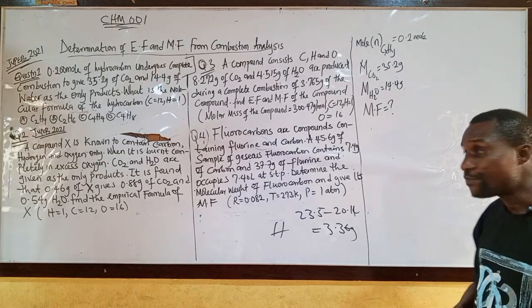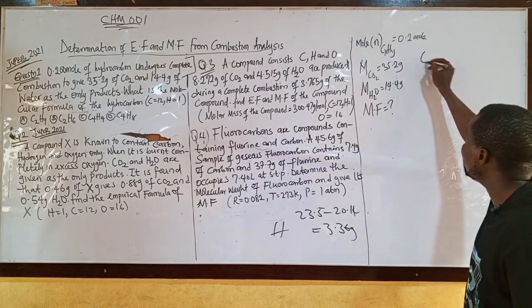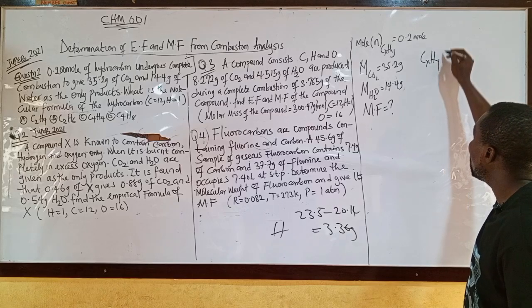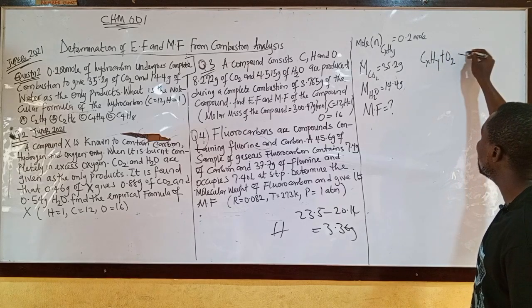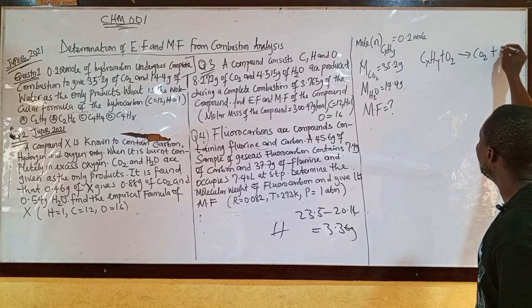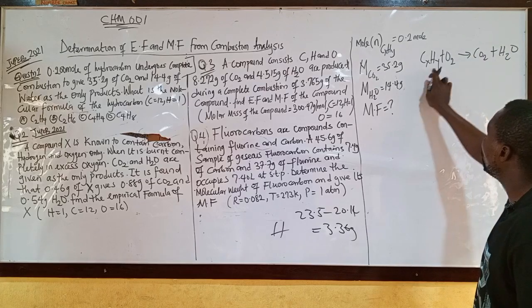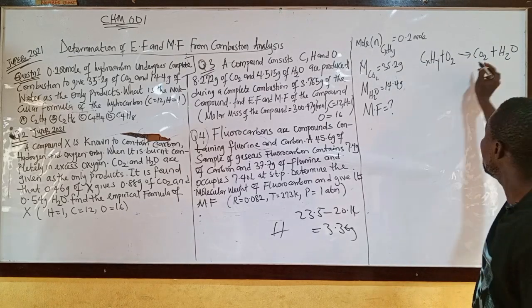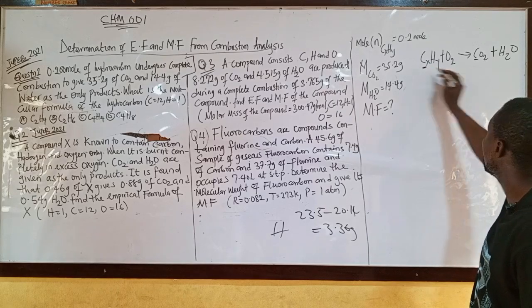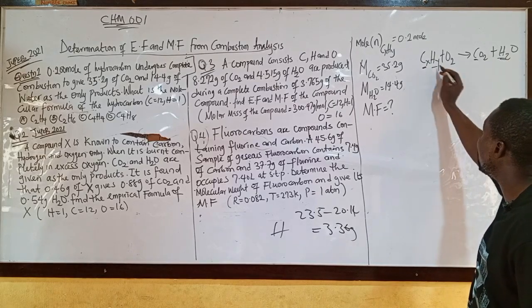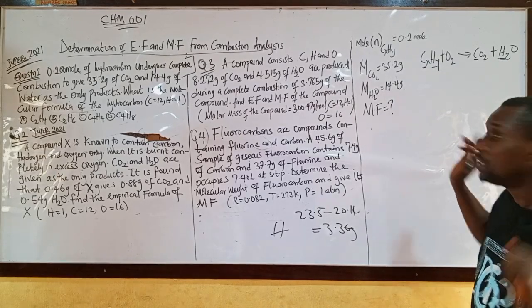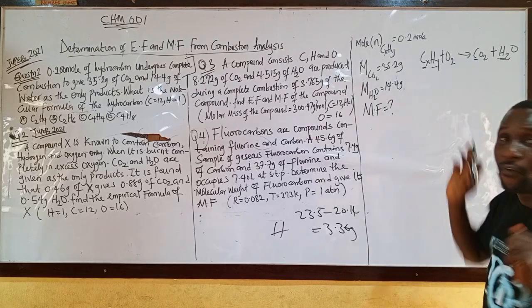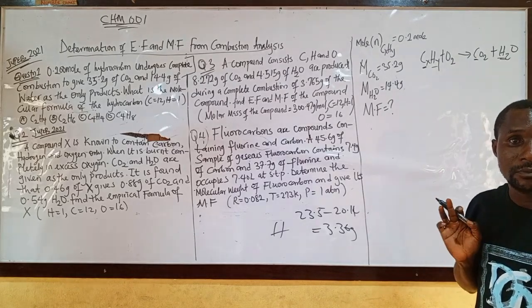When you have CxHy undergoing combustion reaction, we have CO2 and H2O. But we don't know the formula of the hydrocarbon compound. This carbon is formed from here and this hydrogen is formed from here. Take note: both carbon and hydrogen are formed from the hydrocarbon compound.